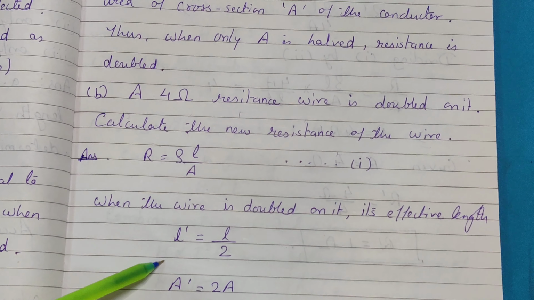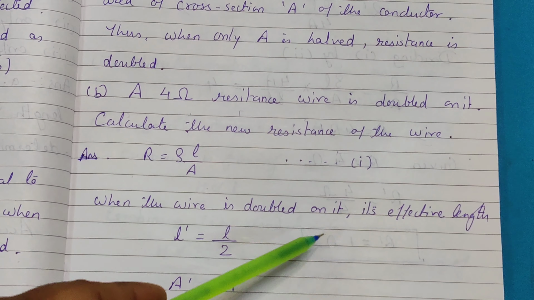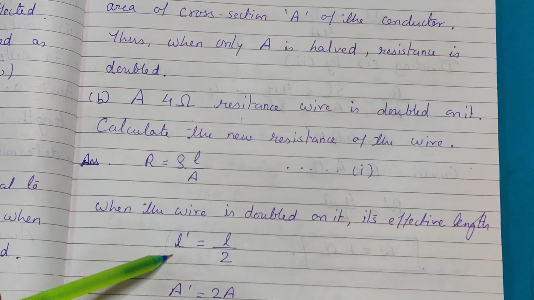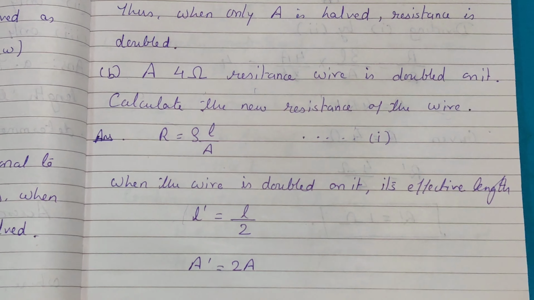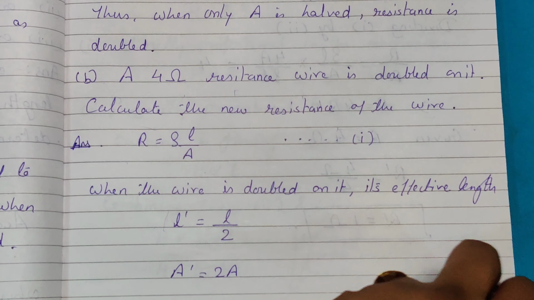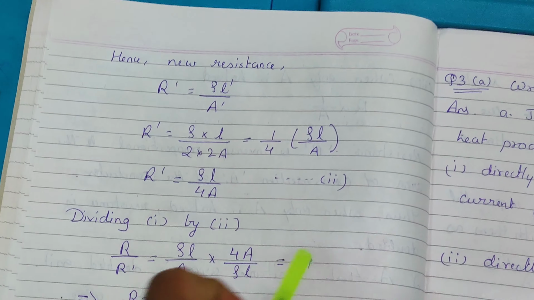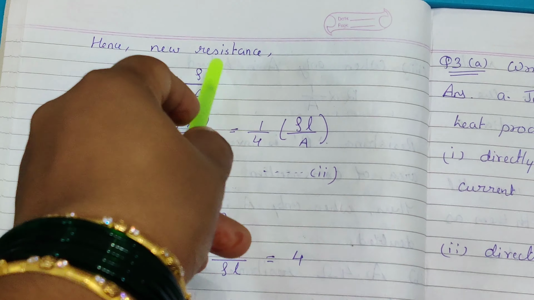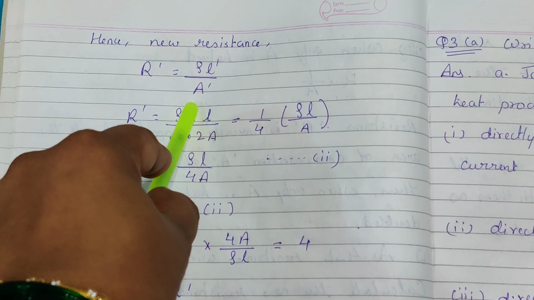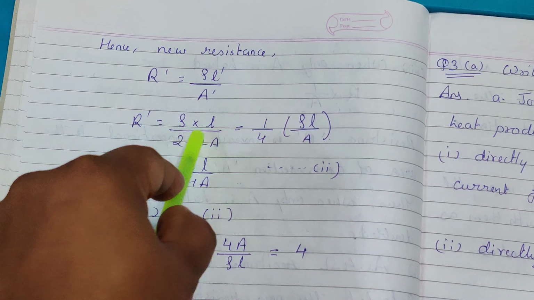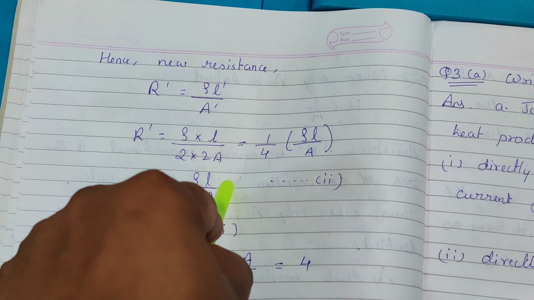When the wire is doubled, the new length will be L by 2 and the area will be 2A. Now the new resistance will be R dash equals rho L dash upon A dash, which is rho L upon 2 into 2A.